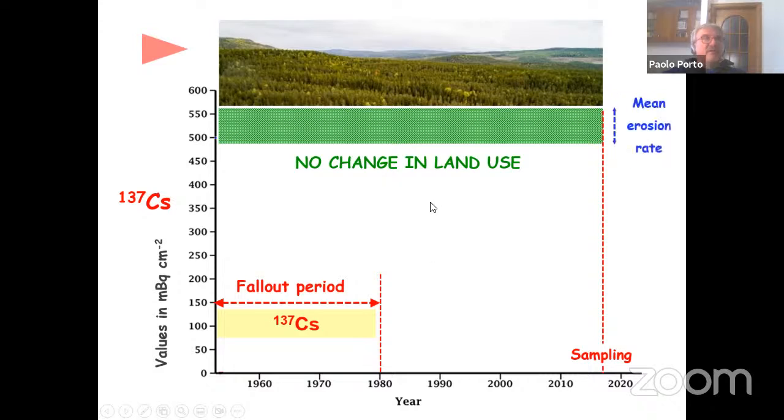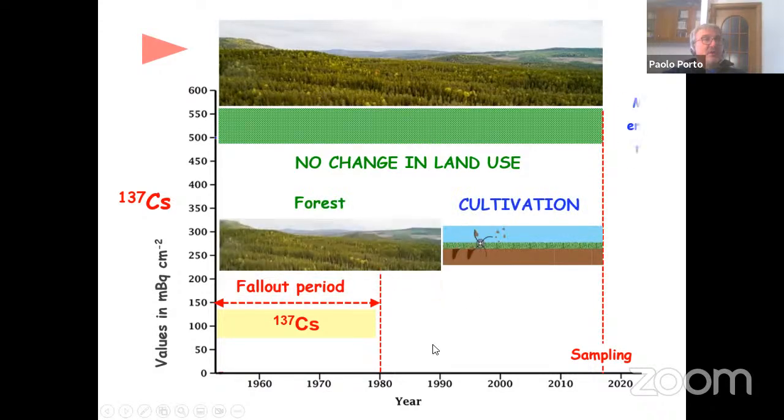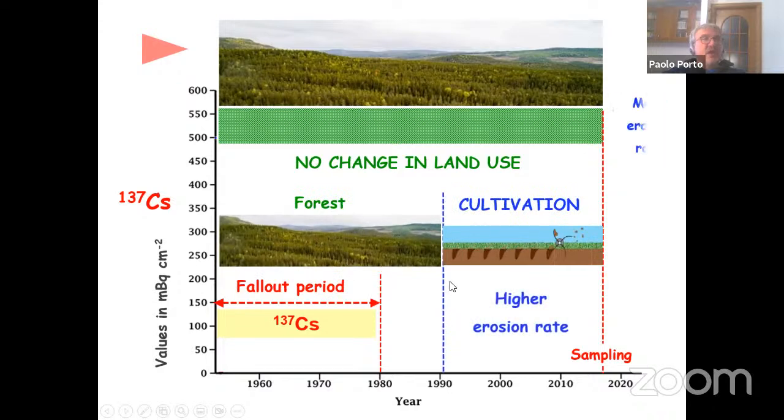But if there was a change in land use, let's assume, for example, that this forest was interrupted in, let's say, 1990, and the cultivation took place. If we do the sampling in 2017, we still have a mean soil erosion rate, which is related to the entire time window.